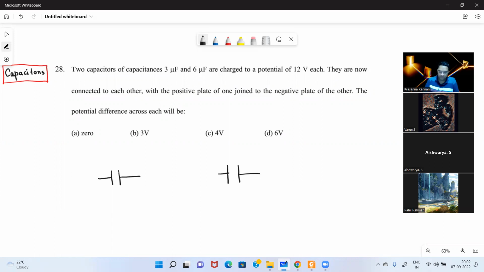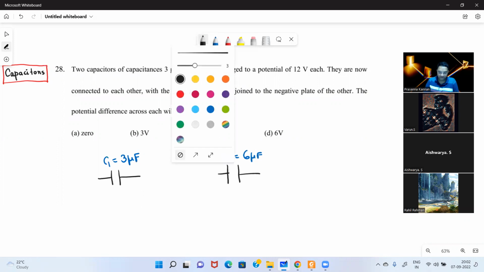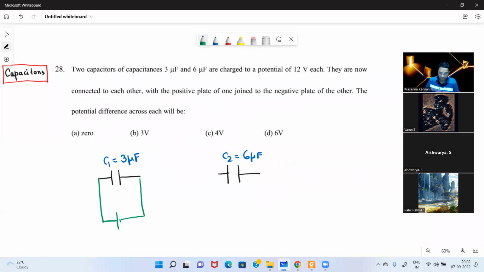Right. Okay. So now what we are doing is we have two capacitors. What is the capacitance of one capacitor? 3 microfarad. And the other one, let us say it is 6 microfarad. Both of them, let's say, were connected to some battery. What was the voltage? 12 volts.